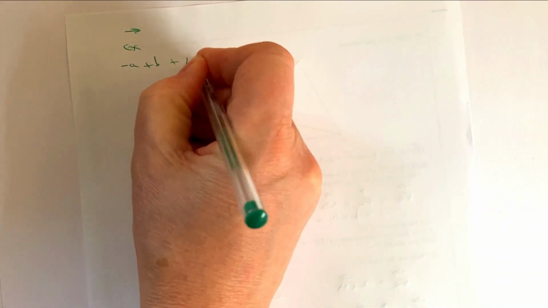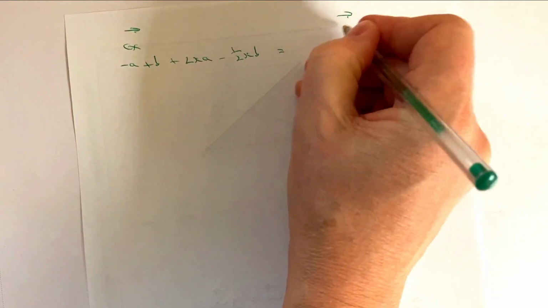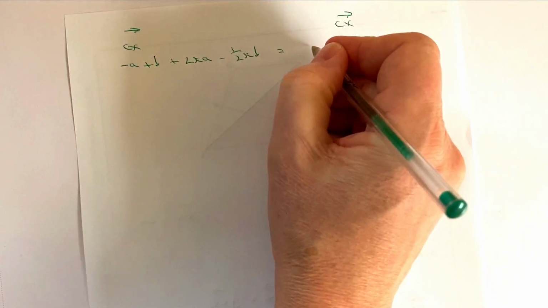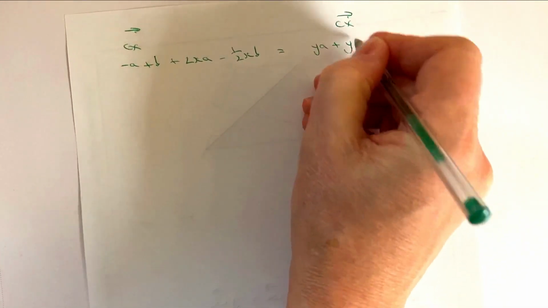So I'll just write on the back here the actual information I've got. Vector cx. Okay, so we said it's minus a plus b plus 2xa minus a half xb, and that equals vector cx, which is equal to ya plus yb.